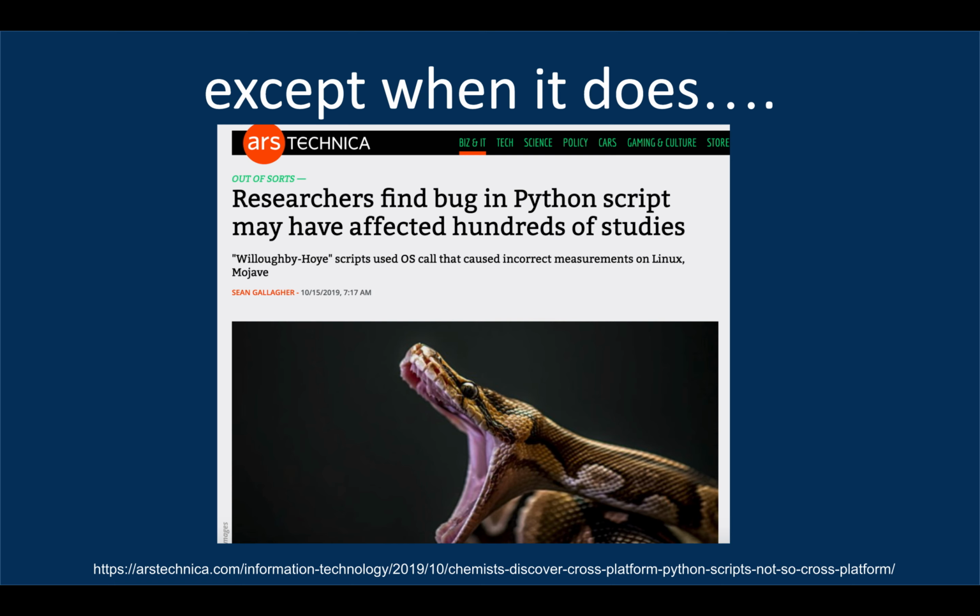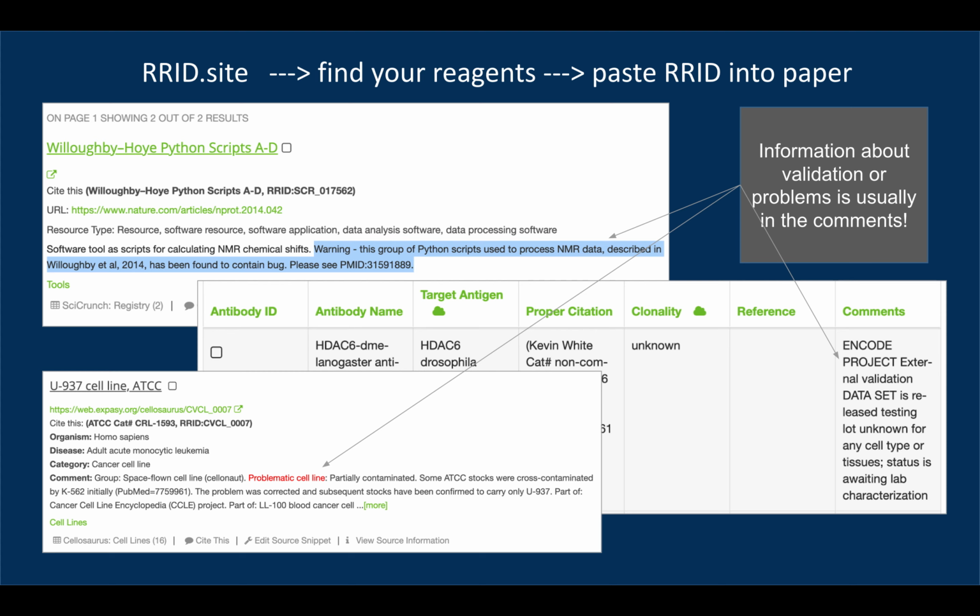So this is a very serious problem, and there may be other problems. So again, these Python scripts are listed. They have an RRID, and they have a lovely warning that says, hey, by the way, there's a paper. You might want to check this out. There's potentially a problem.